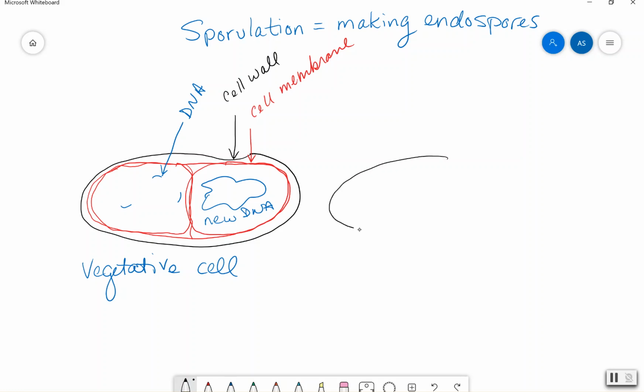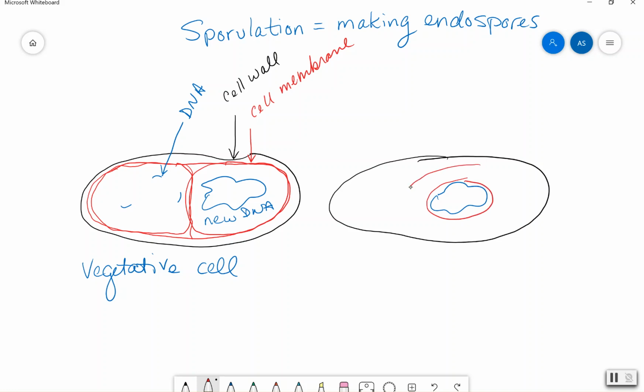So now I have a situation where I have this fresh DNA inside a cell wall and surrounded by two membranes, because the new DNA is also going to kind of steal the membrane from around the old DNA.